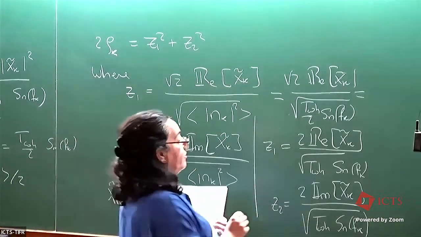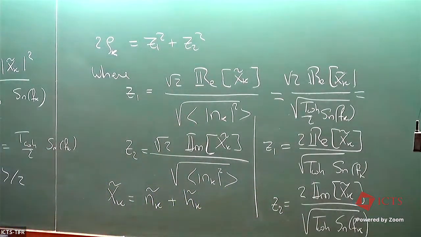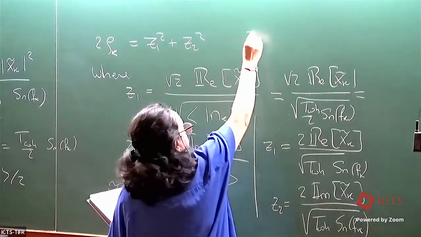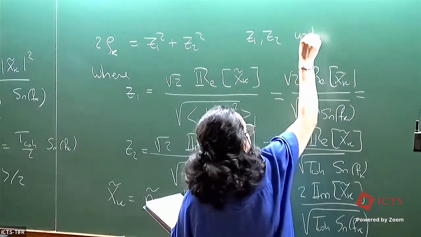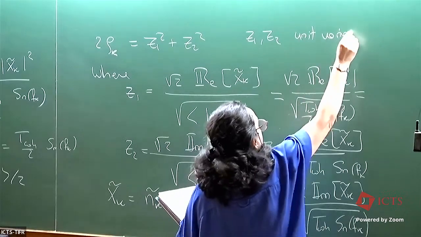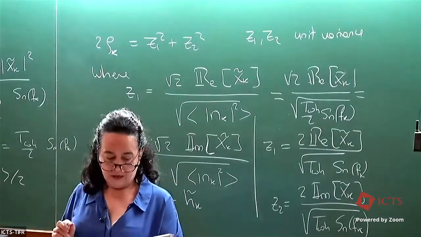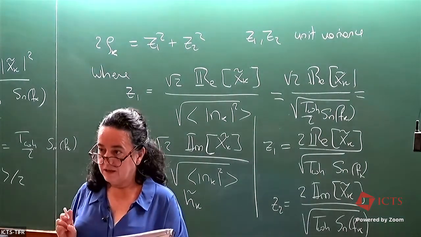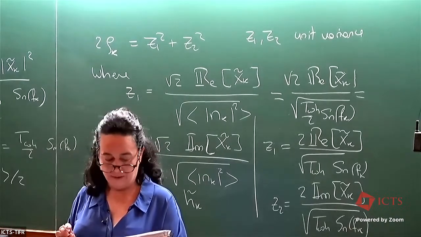They will have then, Z1 and Z2, unit variance, but they will not have zero mean unless we don't have any signal in there.